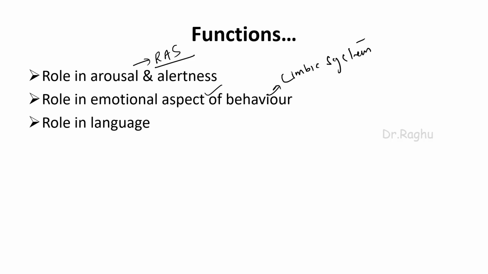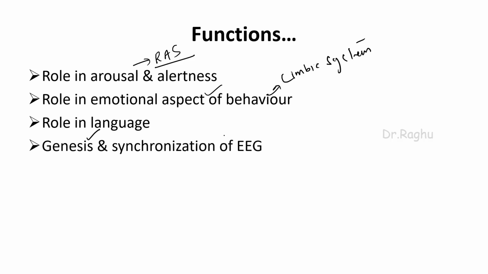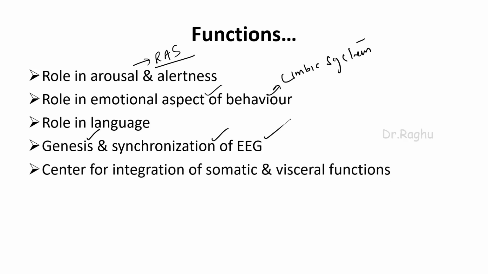It has also got a role in language. It has got a role also in the genesis and synchronization of the EEG, and it is also a center for integration of somatic and visceral functions. So these are all the functions of the thalamus.